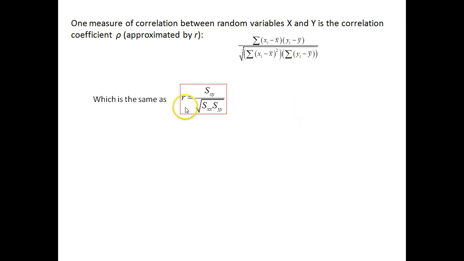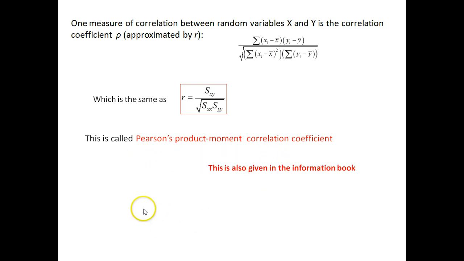So that's the approximation from the data we've observed to give us a measure of the correlation. This is called Pearson's product moment correlation coefficient, and this is also given in the information book.